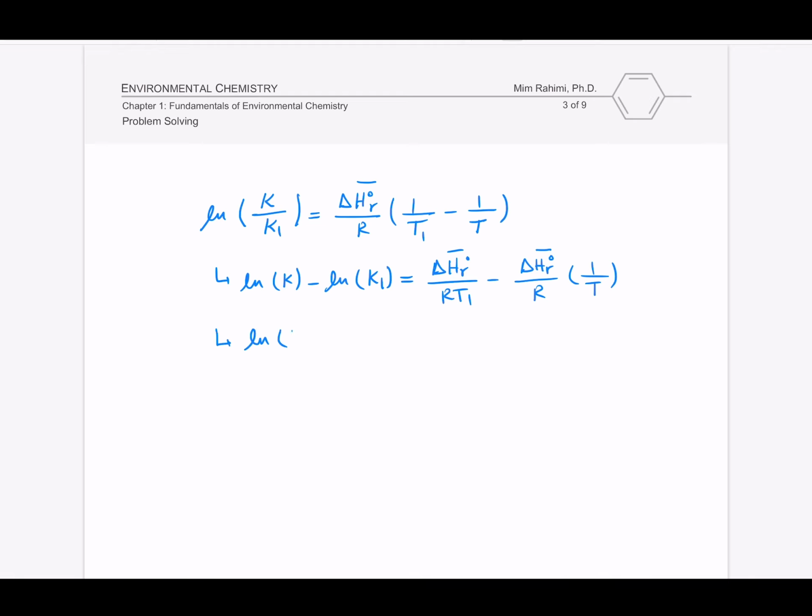So it would be ln K, something that I'm interested to know, on one side. On the other side, all the values that I have information about: ln K1 minus delta H R, R1 over T. So now we made it sort of linear.